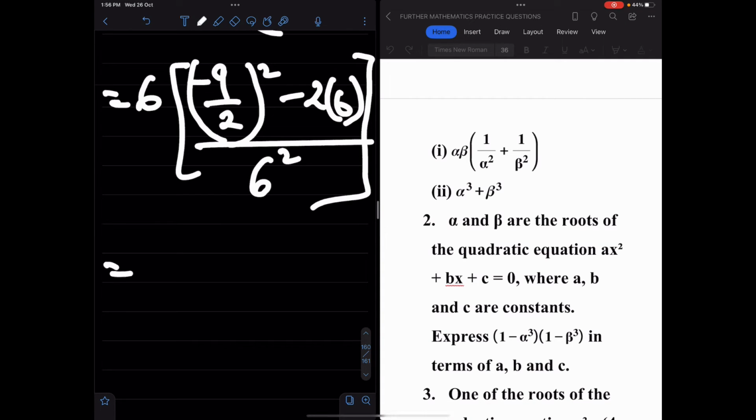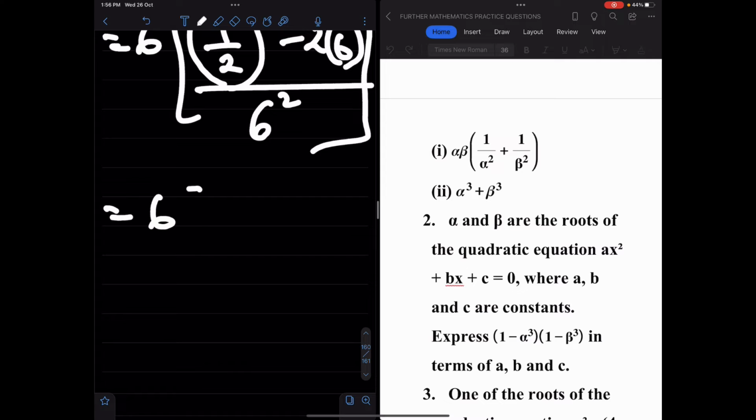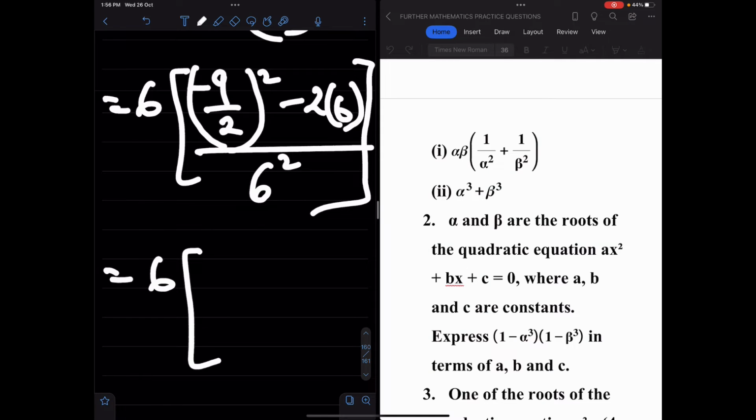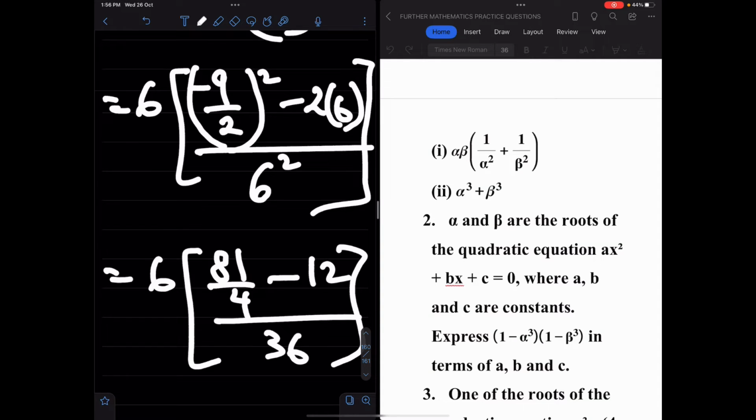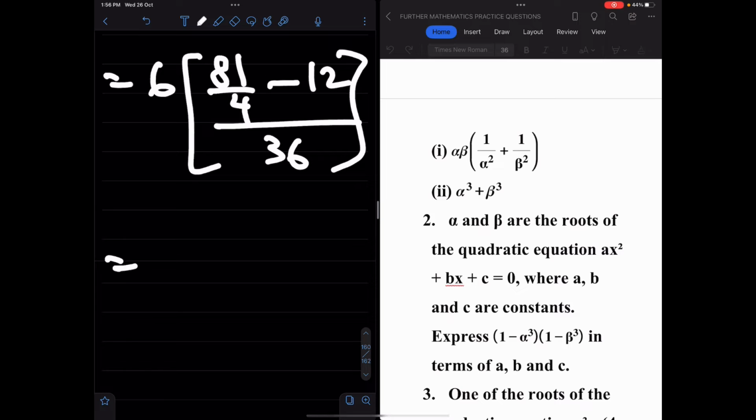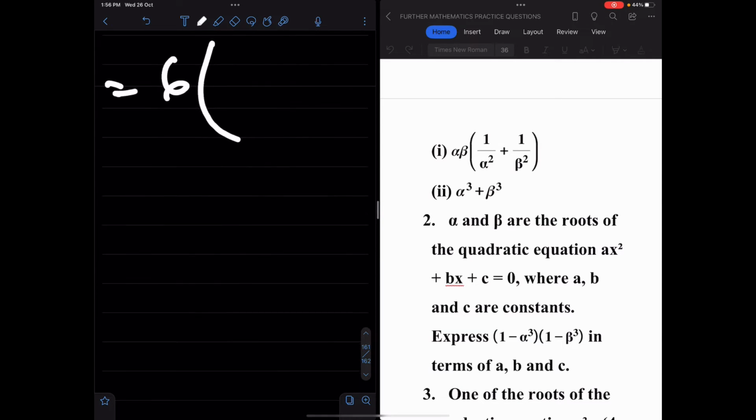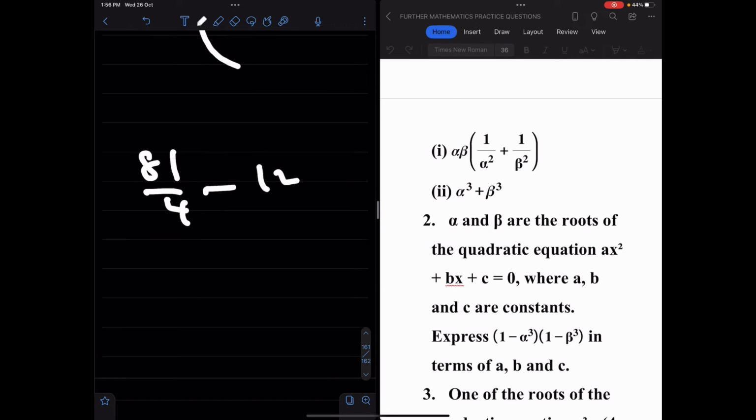And this is the same as 6 into bracket 81 over 4 minus 12, all over 36. What's 81 over 4 minus 12? The LCM is 4. That's 81 minus 48, which is 33 over 4.